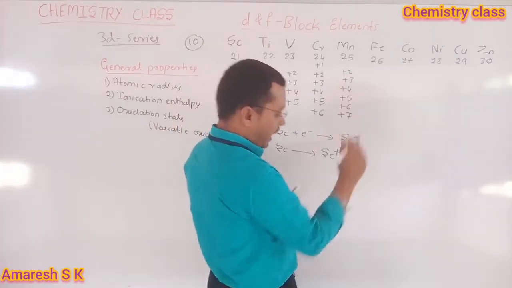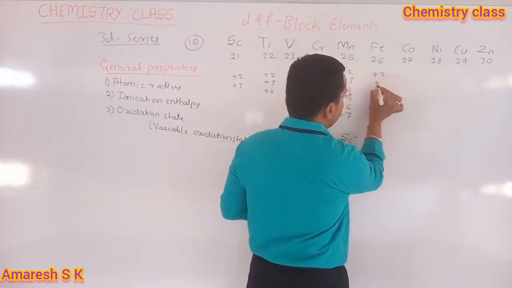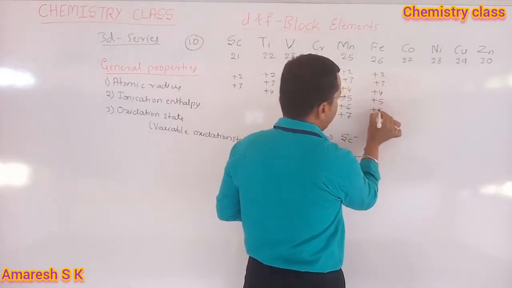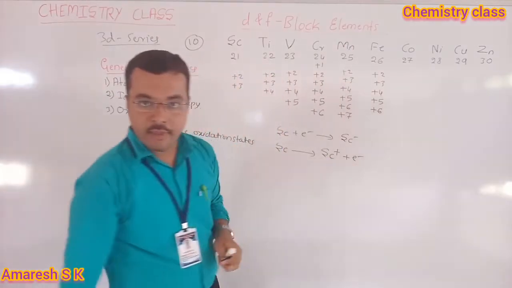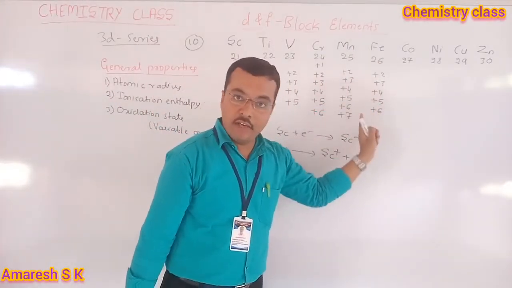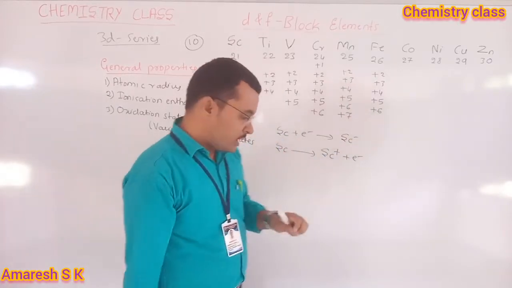And next, iron will show +2, +3, +4, +5 and +6. Already you know Fe+3, Fe+2, Fe+4, Fe+5, Fe+6; like this it will show different oxidation states.